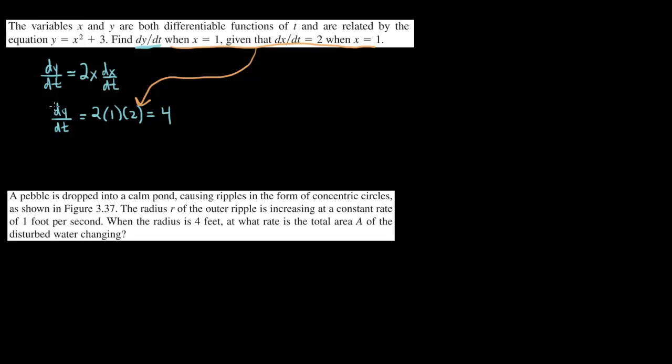Now, notice here we are not given any equation to start with. But if we dig a little bit into our past, we should be able to figure out the equation that we need. Because what does the context say? The context says a pebble is dropped, causing ripples in the form of, very important right here, circles.